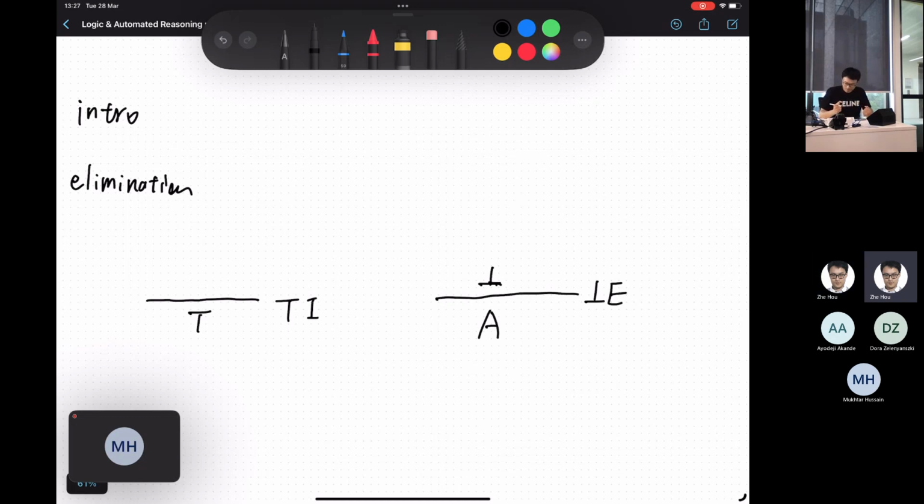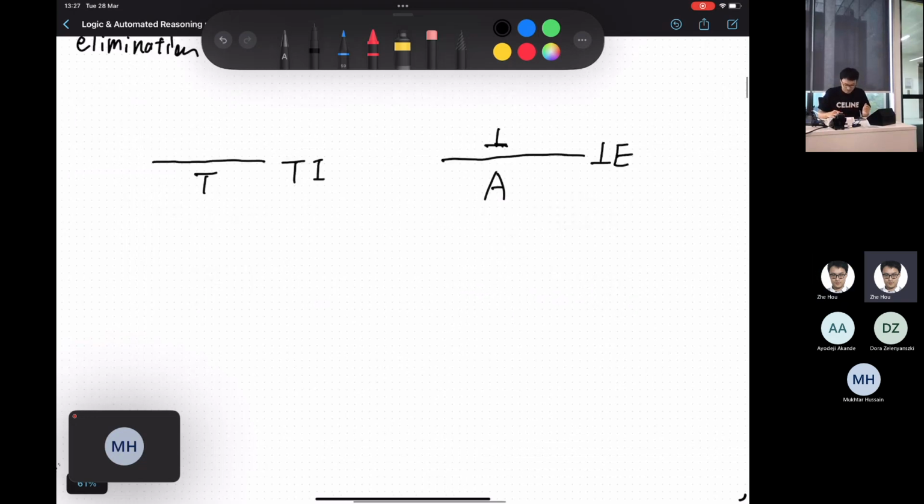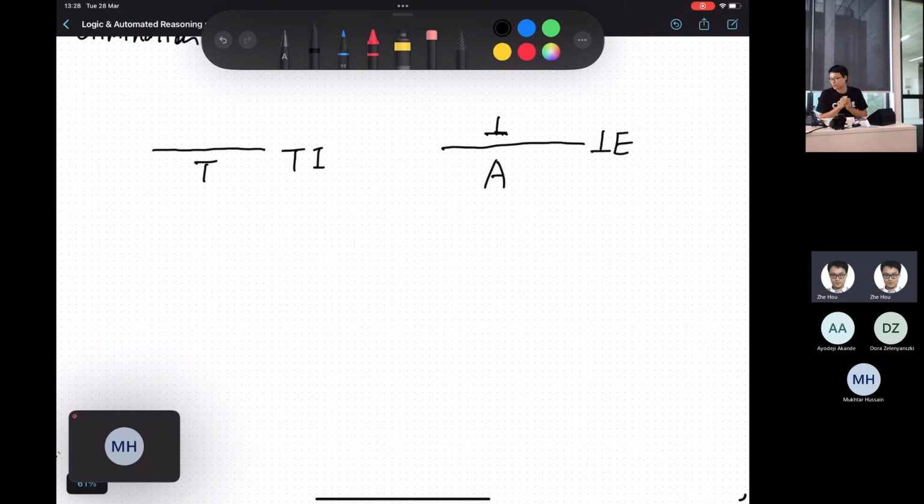But we cannot introduce falsity. We shouldn't be able to introduce falsity because falsity is false. It's never true. So that's why falsity doesn't have an introduction rule, but it has an elimination rule. So that's a dual of truth. You can see the symmetry here. You can see the duality here. So those are what we need to know about truth and falsity.